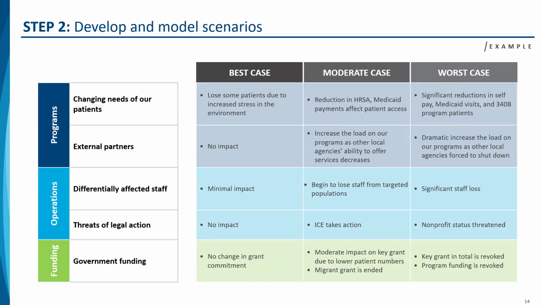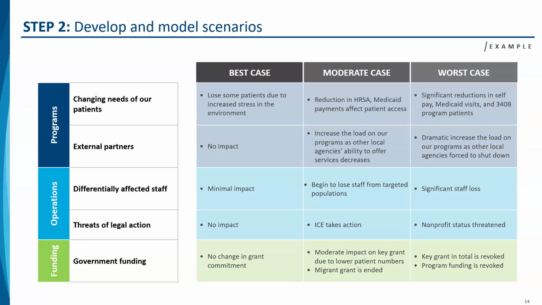Some other examples you could imagine across the top, the range of patient experiences, where in the best case, the patients might just be experiencing some external stresses, and so you might lose some patients. And as you move to the right, the severity of that could change. In an extreme scenario, you might lose patients because they themselves are losing funding sources and you're losing funding sources, and so you don't have the ability to serve them anymore.